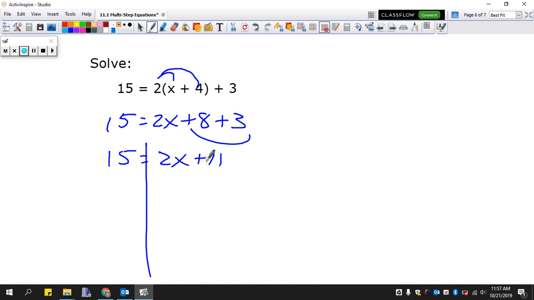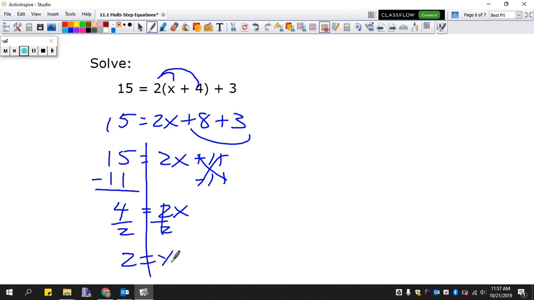Split it. Minus 11, minus 11. The 11's cancel out. 15 minus 11 is 4, is equal to 2x divided by 2. The 2's cancel out. 4 divided by 2 is 2, is equal to x, or we could rewrite that as x is equal to 2.